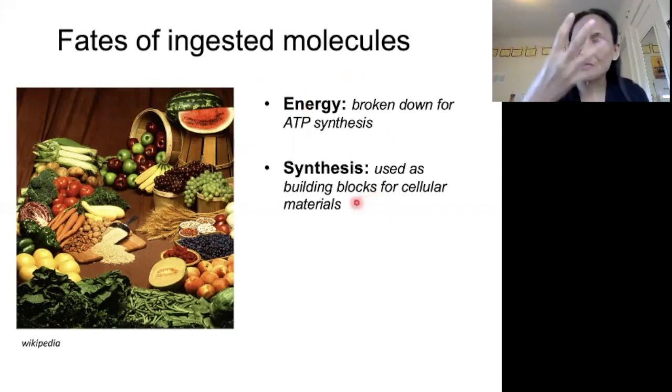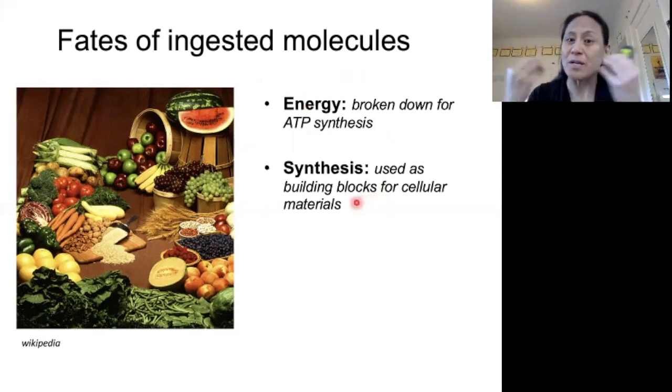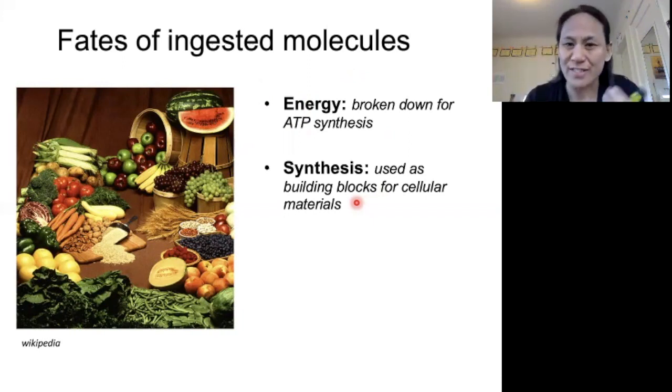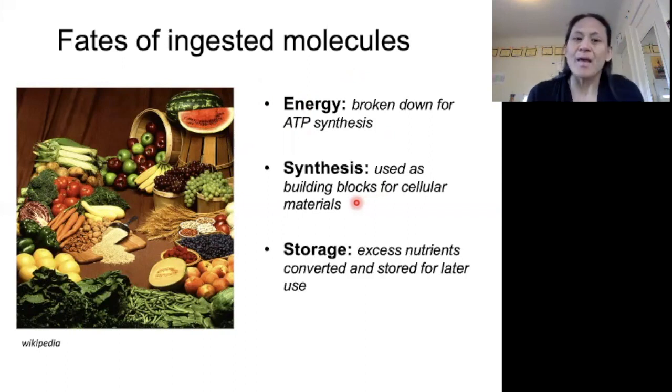As we take in some molecules, we can use them as building blocks to make parts of our cells, such as membranes, proteins that carry out various functions in the cell, and so on. And then if we have extra, we can convert them into a more compact form and store them somewhere in our body for later use. Okay, so those are the three main things that are going to happen to the molecules that we ingest.